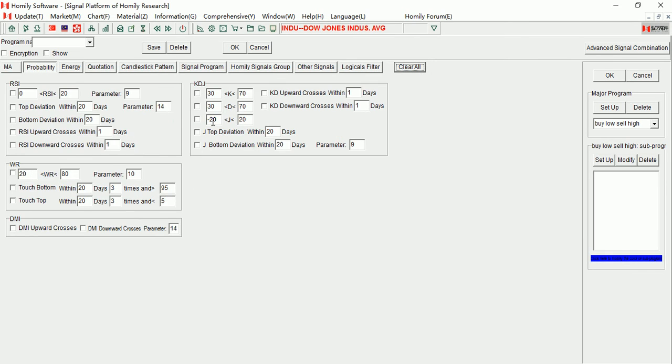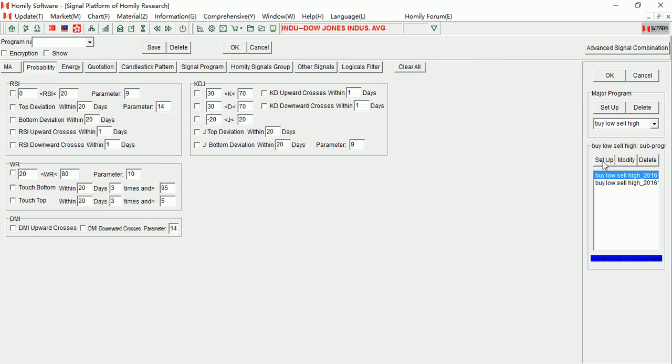For the first one, we change the KDJ, the J, from -20 to 20. This is for the buy low signal. Then we click setup again and set 80 to 100. This is for the sell high signal. Then we click setup again, okay?